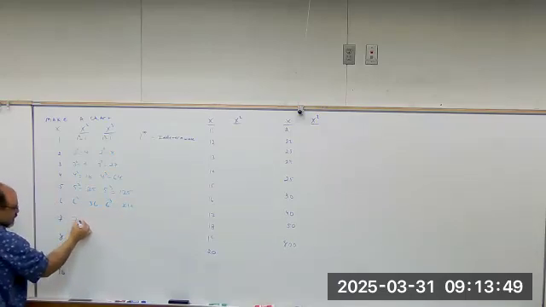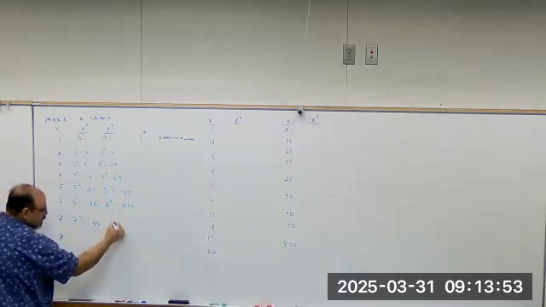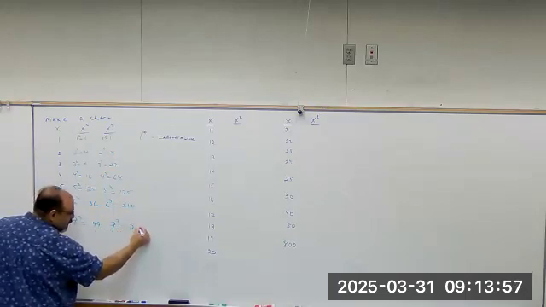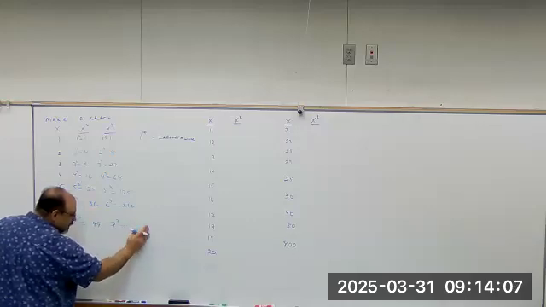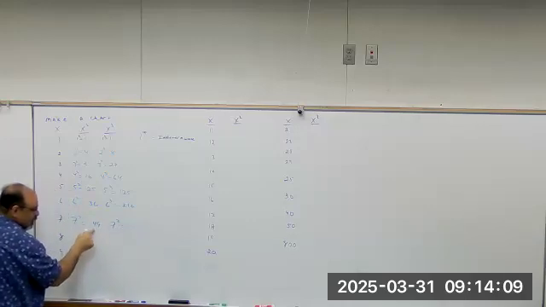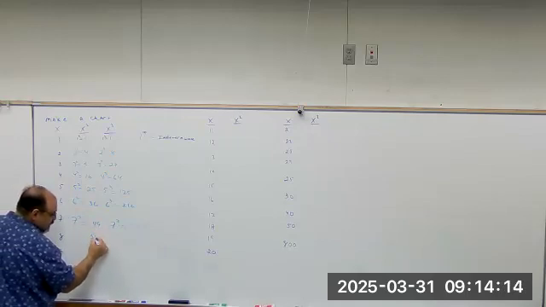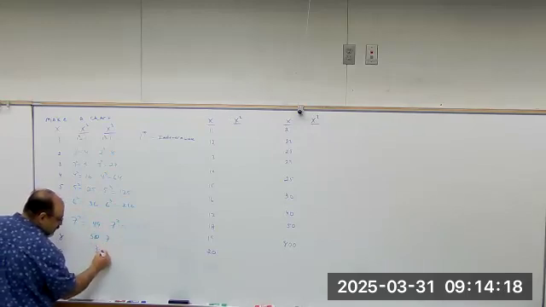216. 7 squared, 49. 7 to the third, 343. If you multiply, let's say this is 50, 7 times 50 is 350, right?